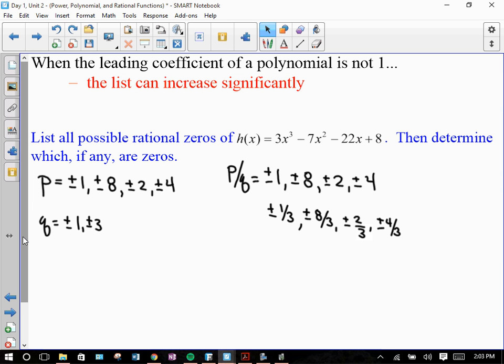Me personally, if I'm doing this, numbers that I'm staying away from, fractions. Alright? I can do fractions. It is quicker and easier for me to not do fractions.